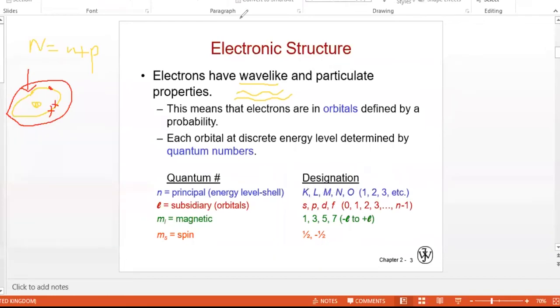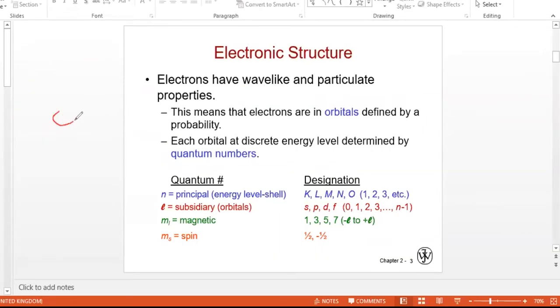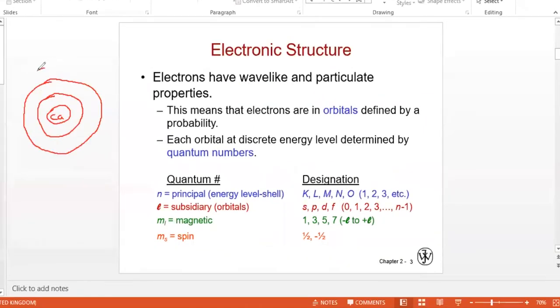If you just imagine, I'll take calcium. Calcium is 2, 8, 8, 2. So what KLMNO means is that the first level is denoted by K, then the next energy level we write as L, then the next one as M, and then N. And when it goes upper, we go for O and so on.